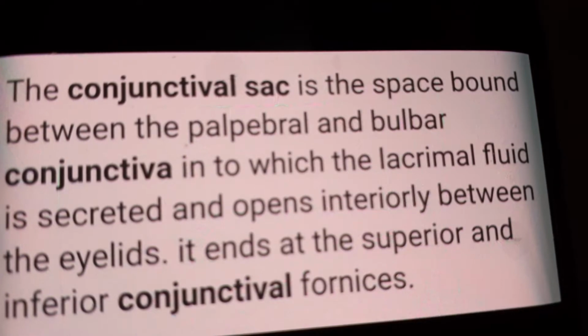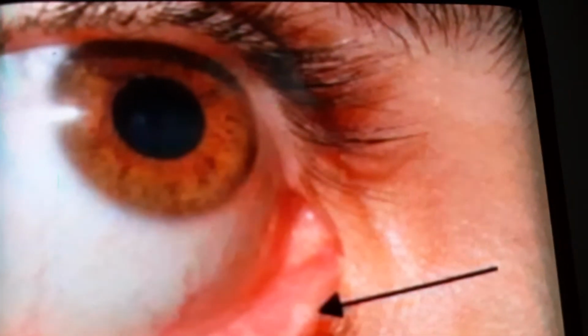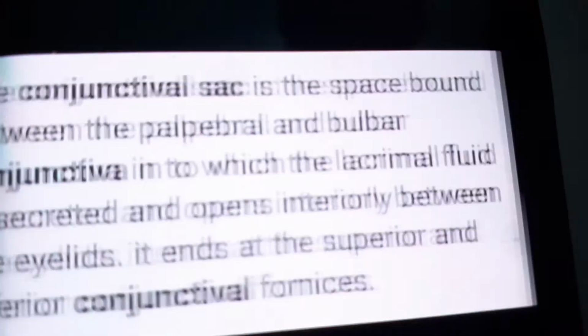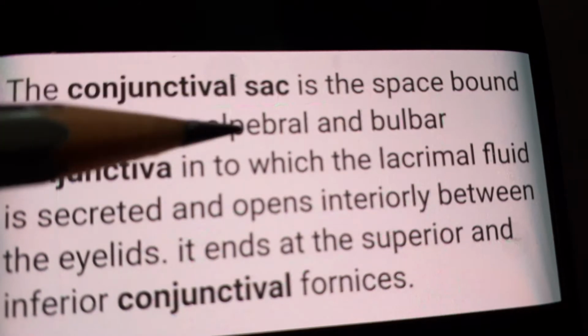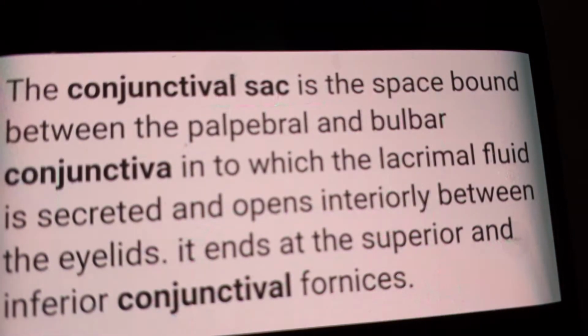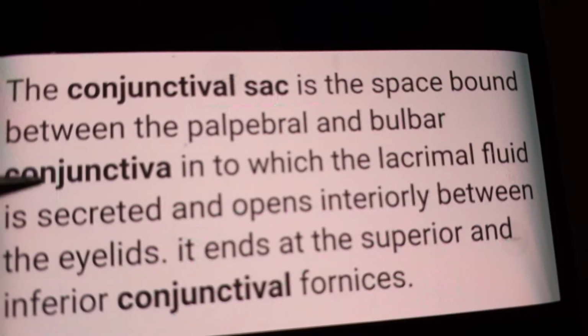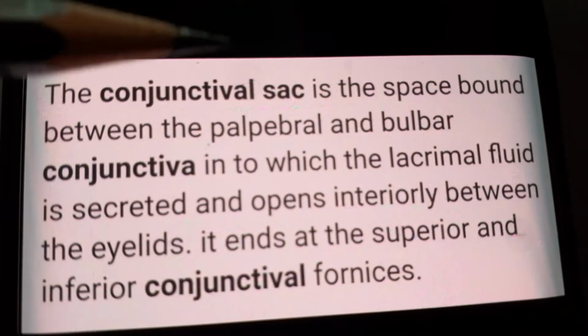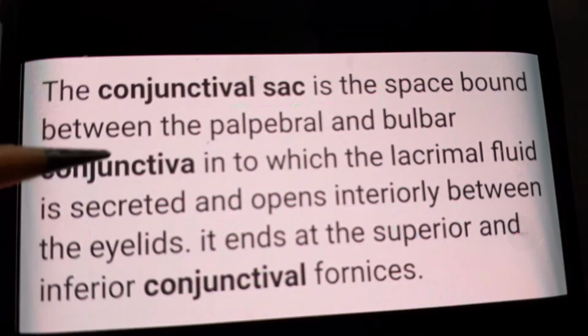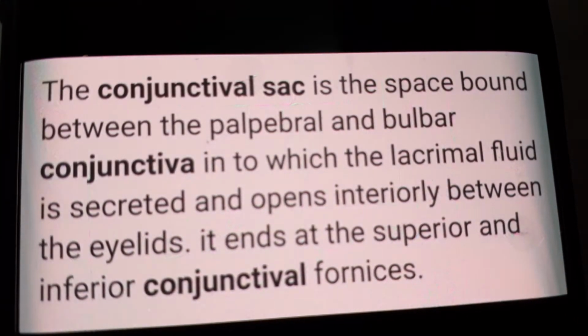So what is palpebral conjunctiva? Palpebral conjunctiva is the conjunctiva which lines the deep surface of the eyelid, whereas bulbar conjunctiva lines the front of the eyeball. So the space between the palpebral and the bulbar conjunctiva is called the conjunctival sac.